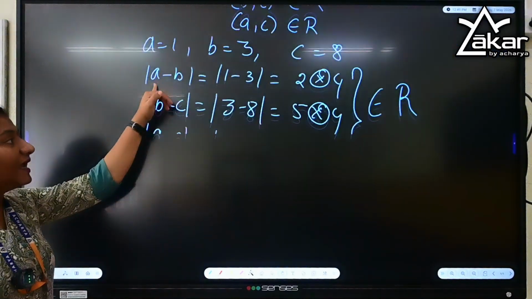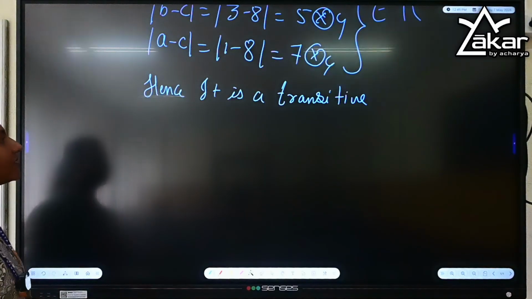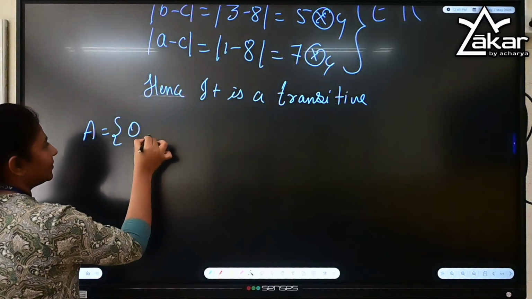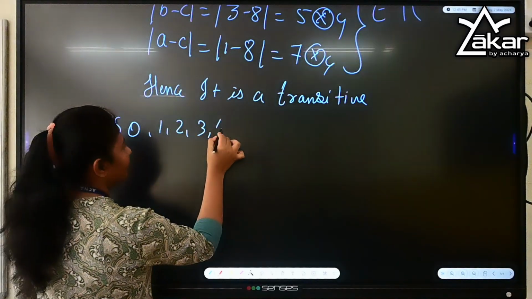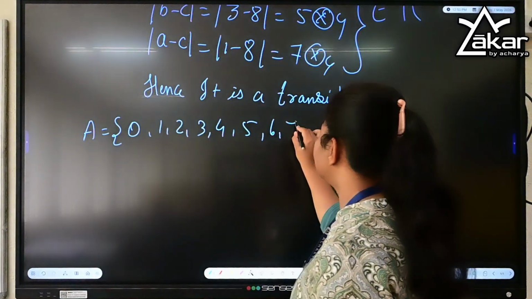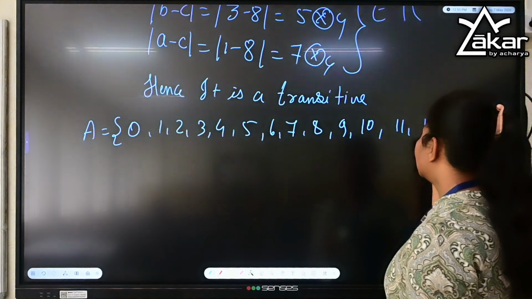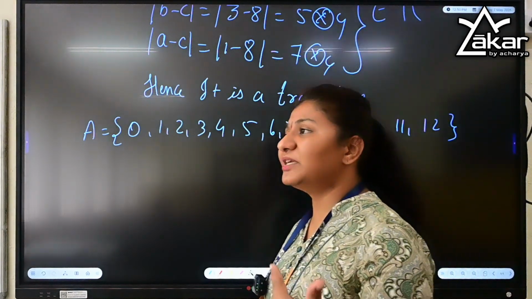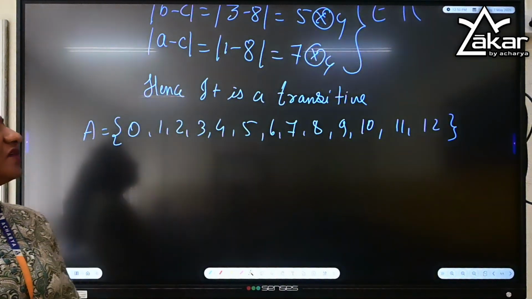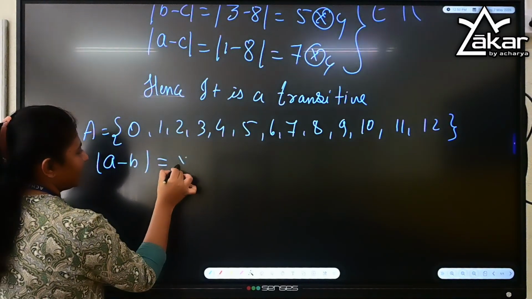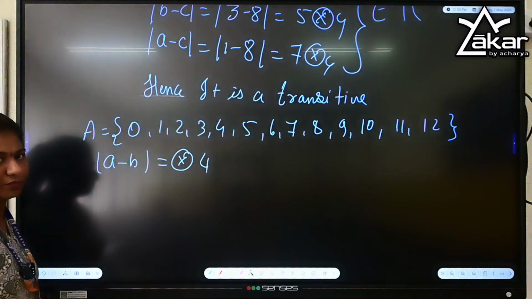Very simple. Let us take the elements 0, 1, 2, 3, 4, 5, 6, 7, 8, 9, 10, 11, 12. When you deduct the values a minus b, it should be a multiple of 4.